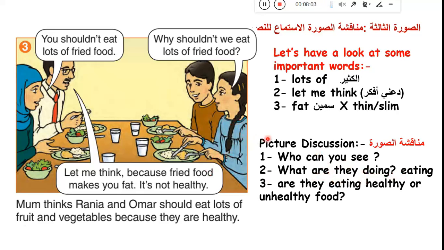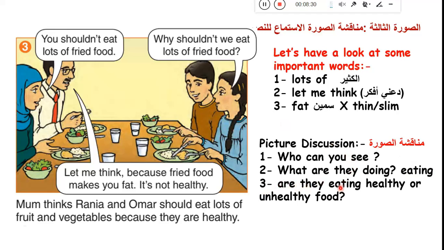Are they having a discussion about food? What are they doing? They are eating. Maybe it's what? Lunch. They are having lunch. They're having lunch.